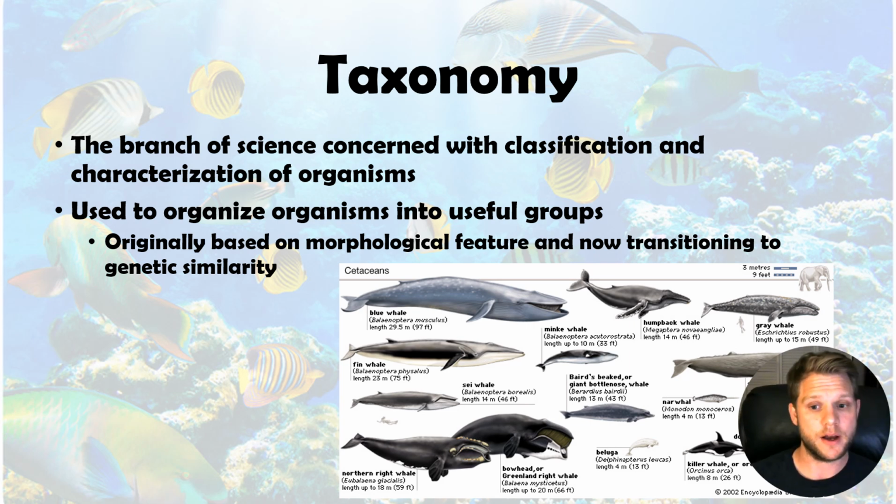Later on, this system is now moving more into genetics, because this is at the forefront of biological understanding. And so now we're finding that yes, genetics, for the most part, backs up what systematics and skeletal morphology has told us for a long time. But that's not always the case. A classic example here is whales, and I'll talk more about that in a little bit.